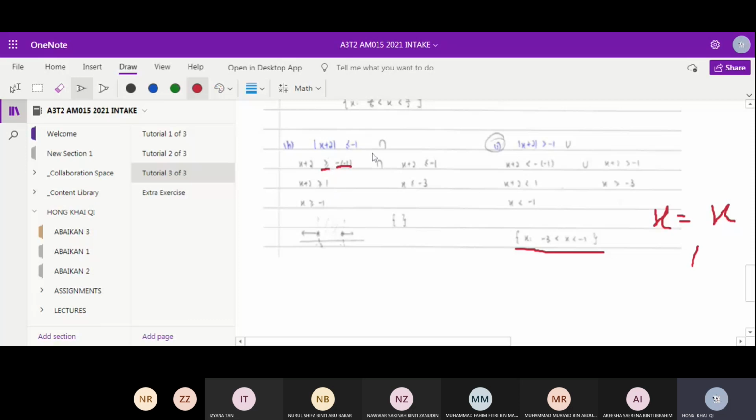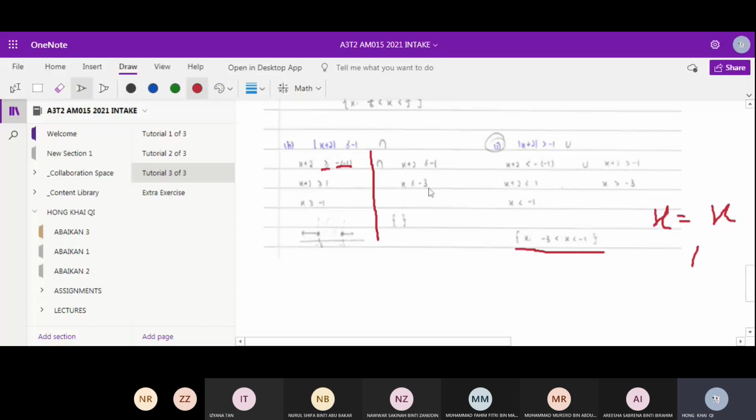And the other equation you copy back, but no need to add the modulus anymore. So you get x plus 2 less than negative 1, the same one. So we have two equations and two answers: x more than negative 1 and x less than or equal to negative 3.